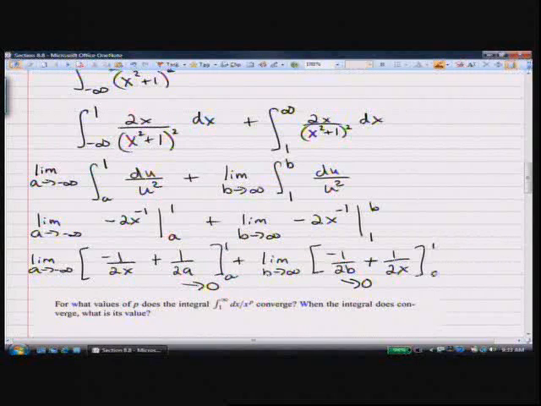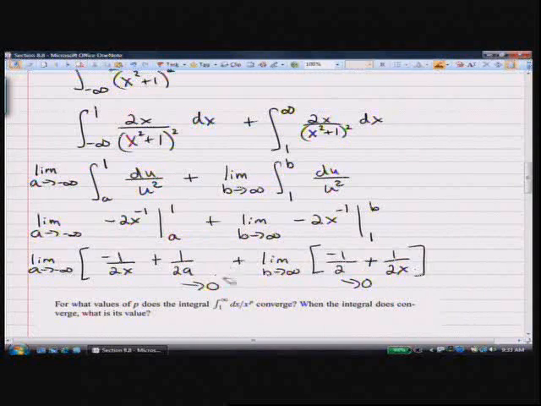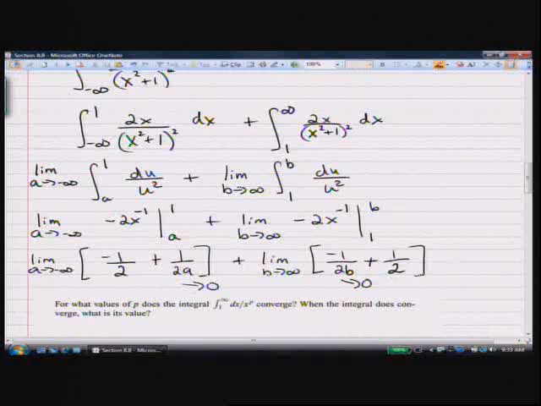Wait a second. I'm losing my mind here on my notation. Since I went to 1, then the x I can take out, and I'll just put a 2 here. And then this was 2b, and then I'll put a 2 here. So this one goes to 0, this one goes to 0. Then you have negative 1/2 and positive 1/2, which cancels out. So this one converges to 0. Sorry. Okay.